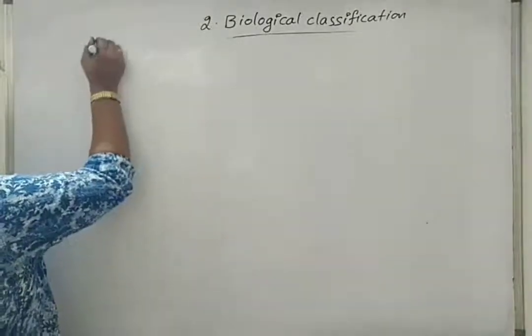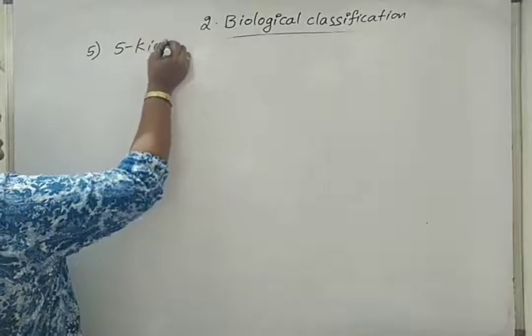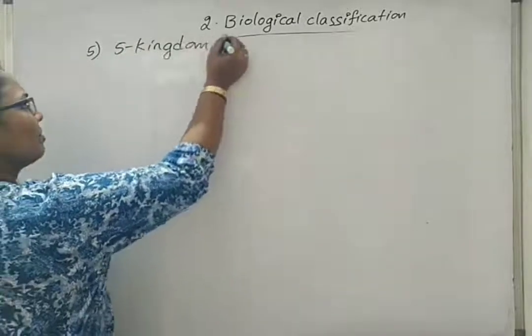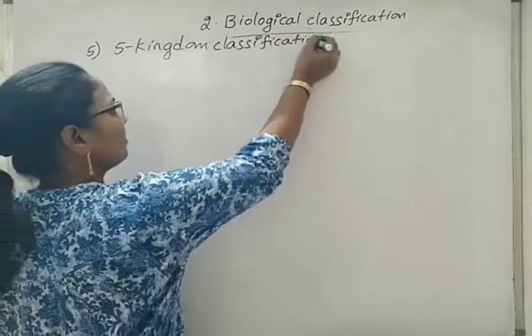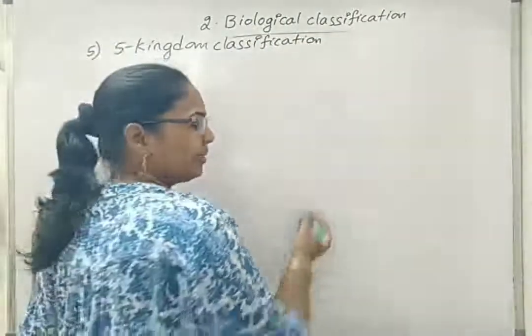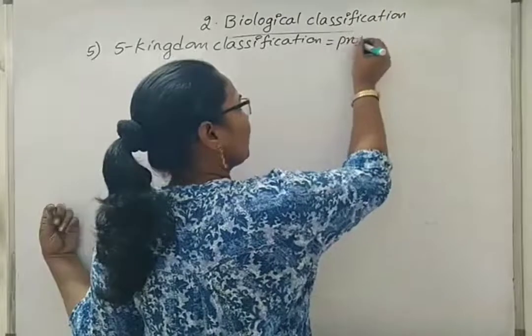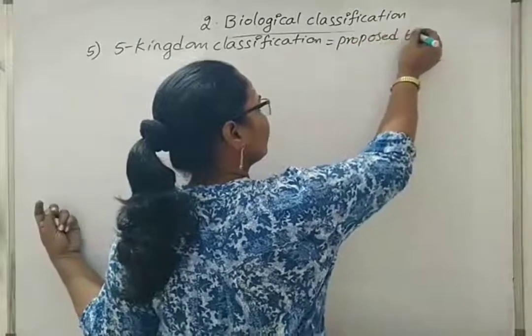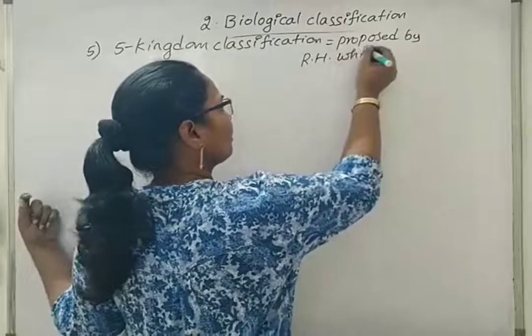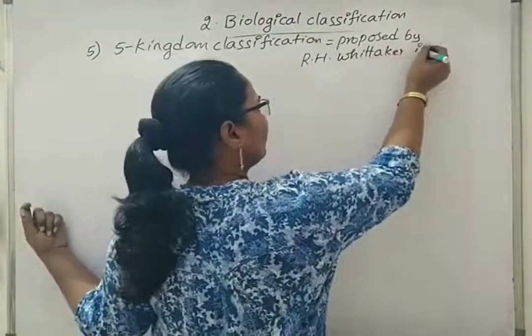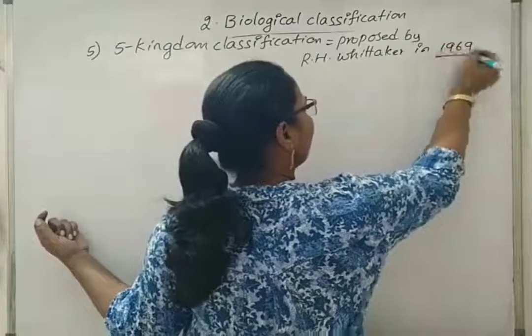Next one is five kingdom classification. It is given by or proposed by R.H. Whittaker in 1969.